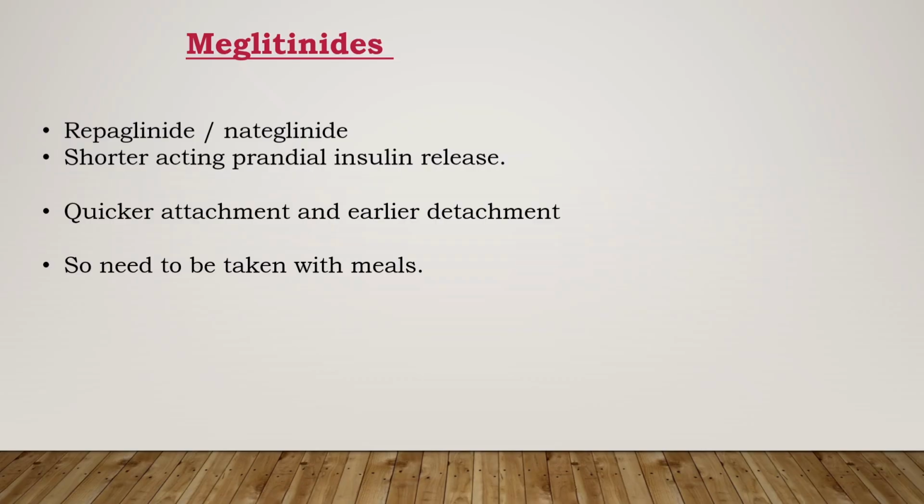The next group of drugs is the non-sulfonylureas, which include repaglinide and nateglinide. They are shorter acting insulin secretagogues, with quicker attachment and earlier detachment, and need to be taken along with meals.